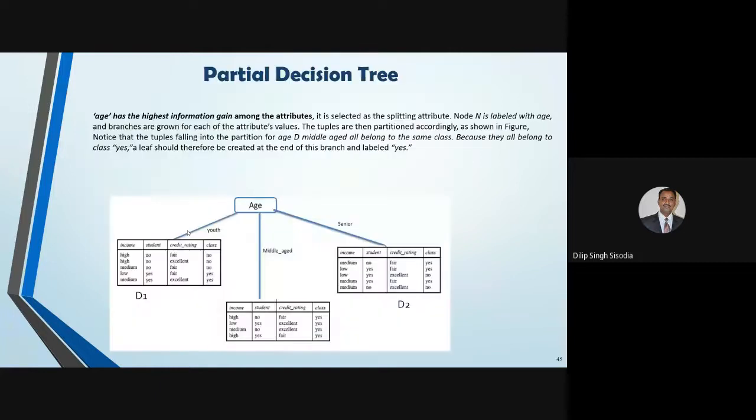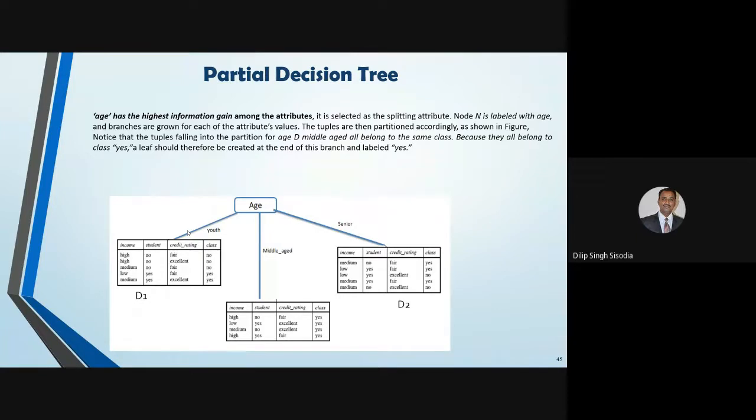So the first split will be performed on age, and now the tree looks like this: age splits into three, youth, middle age, and senior. Youth will belong to D1, and senior to D2, and middle age all belongs to the same class.